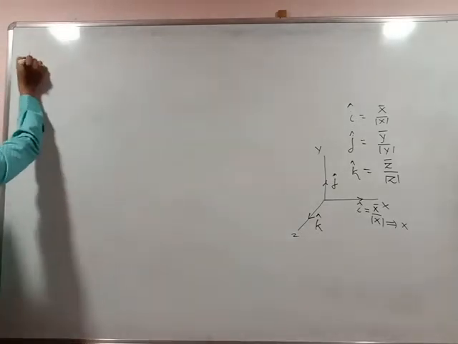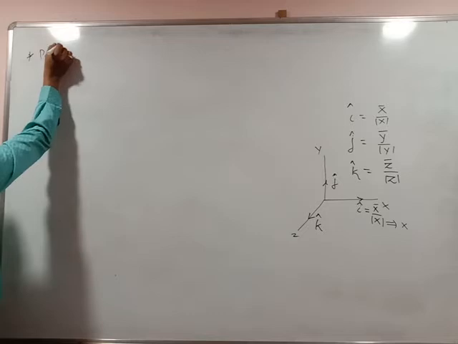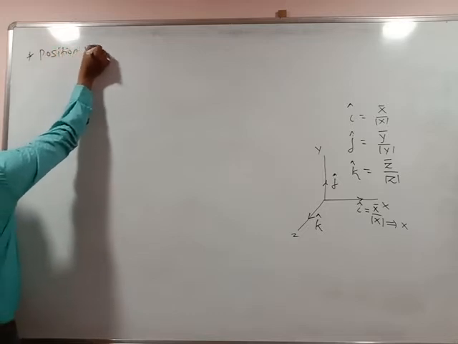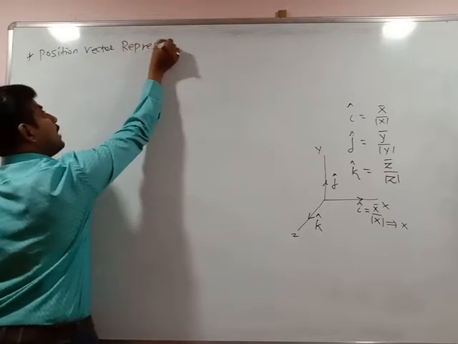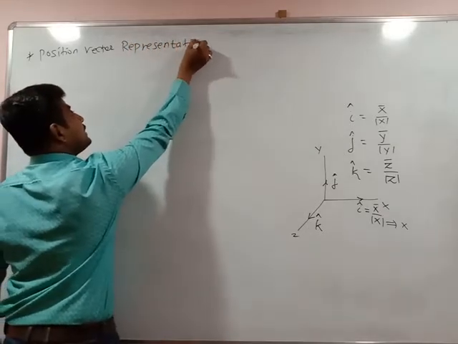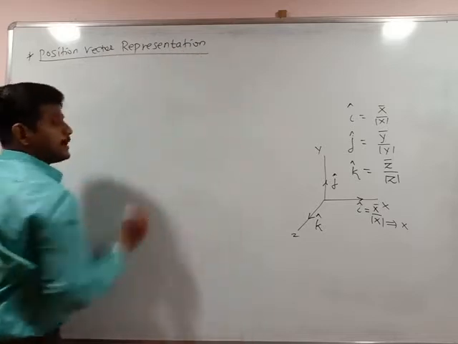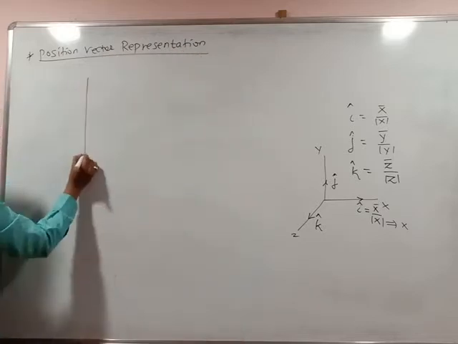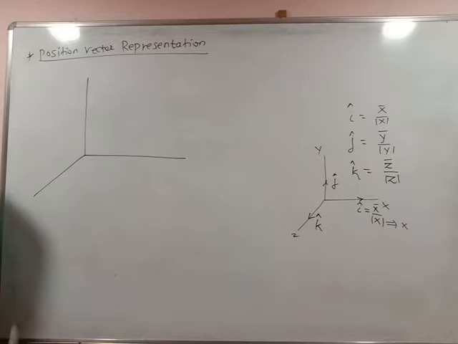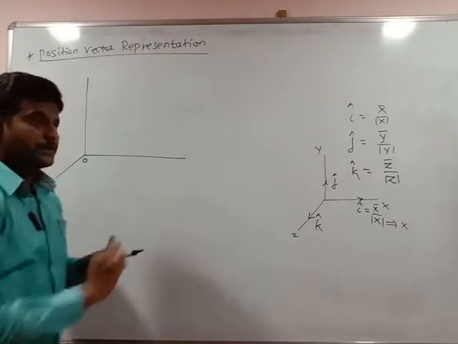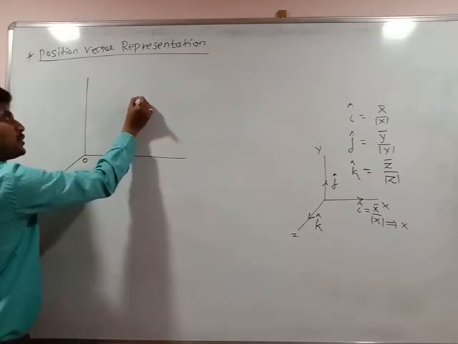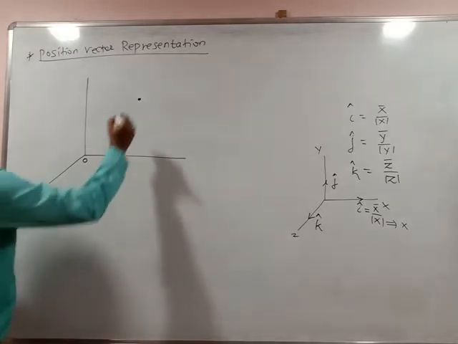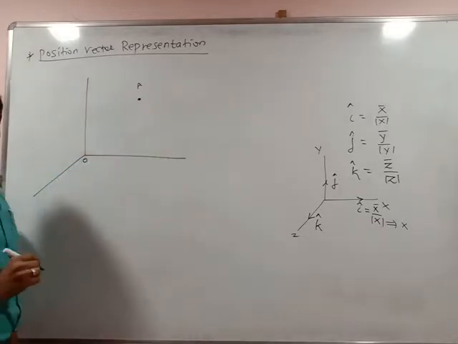This position vector I can draw in a Cartesian coordinate system. Position vector representation: how is it represented? There is one Cartesian coordinate system, O. I have thrown one object which reaches this position A. I should locate this object.